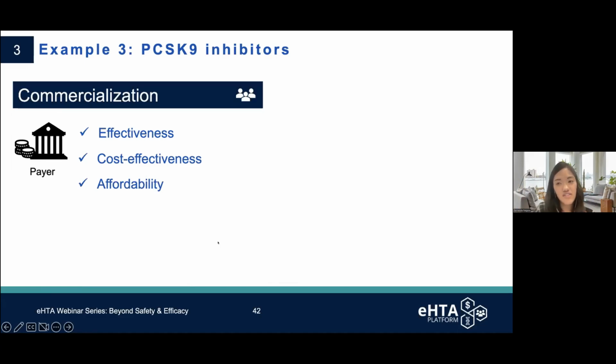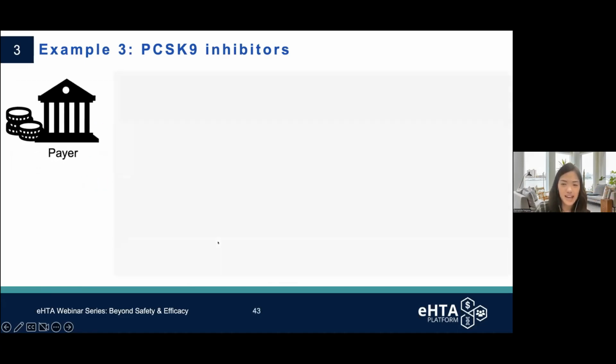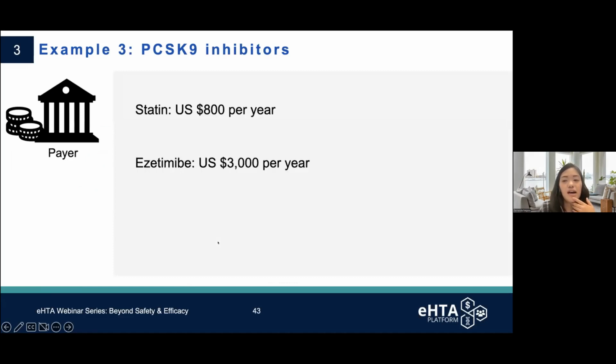And cost-effectiveness and affordability were especially of interest to payers in the case of PCSK9 inhibitors. And why was that? Well, in 2015, it would cost around $800 per year to treat one patient with a statin.